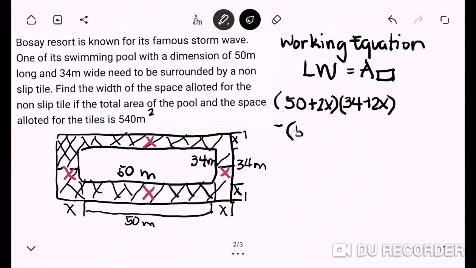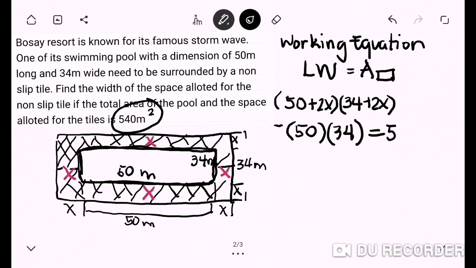So, we have 50, area niya, itong maliit na rectangle na nasa loob, by 34. Equal, so area ng rectangle is given as 540 square meters. So, in this case, pwede na nating isolve.